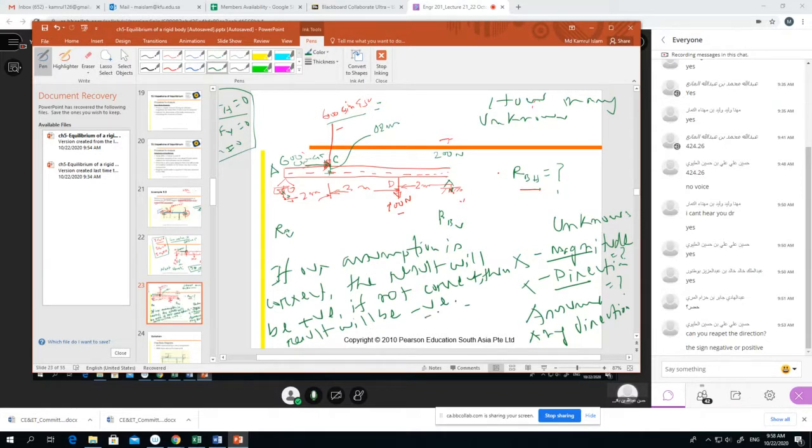If negative, then what do we have to do? We have to change the direction. Write down this thing, very important.